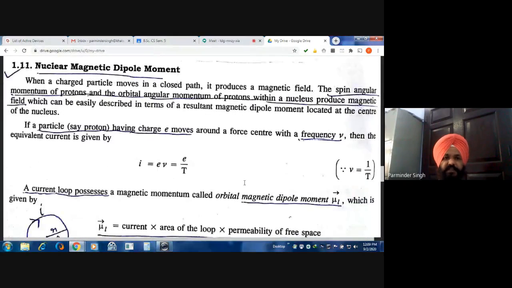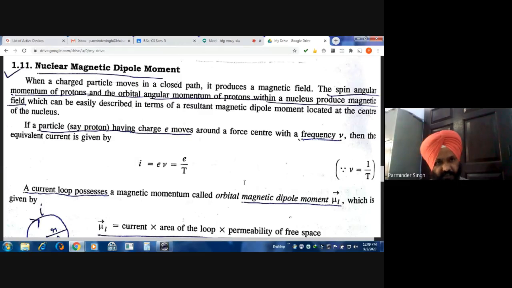So the next topic is the nuclear magnetic dipole moment. For this, we are considering a charged particle that moves in a closed path. When a charged particle moves in a closed path, it produces a magnetic field.